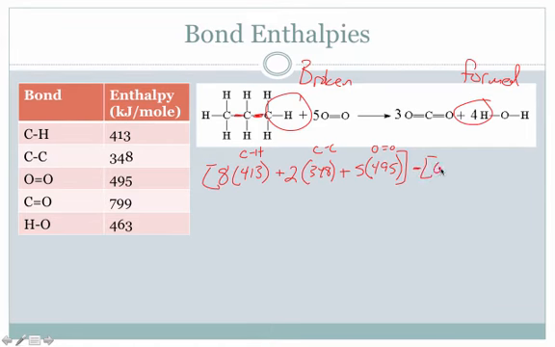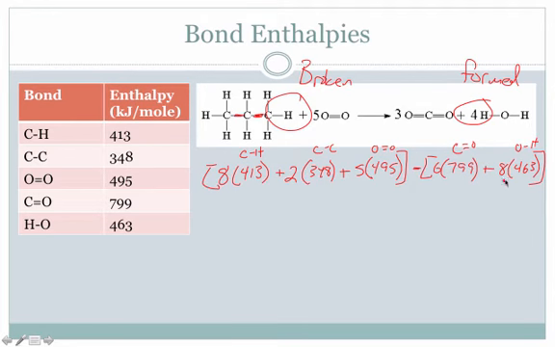That's going to be 6 times the carbon-oxygen double bond, which is 799 kilojoules, plus 8 times the oxygen to hydrogen, which is 463 kilojoules. We put some closed brackets around here, and again, this is the carbon to oxygen bond formed, and this is the oxygen to hydrogen bonds that were formed.